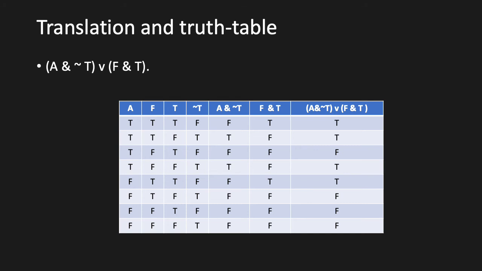That's not entirely correct. You should include a column for each and every sub-formula of the entire formula. So you should properly include columns for T, for not T, for A and not T, and for F and T. All right, so that's how you draw the truth table for this formula.